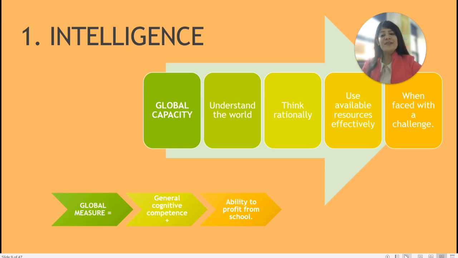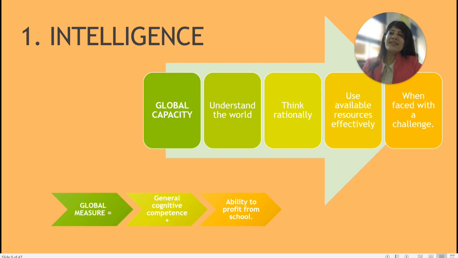The very first definition you get to see is about intelligence being the global capacity of an individual to understand the world, to think very rationally, and to use resources very effectively whenever we are faced with a challenge. So what do you guys think? Do you agree?